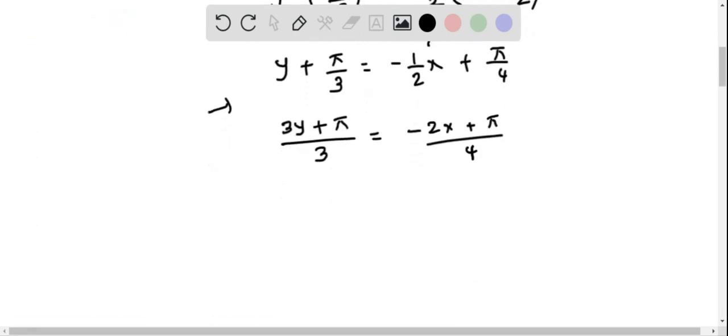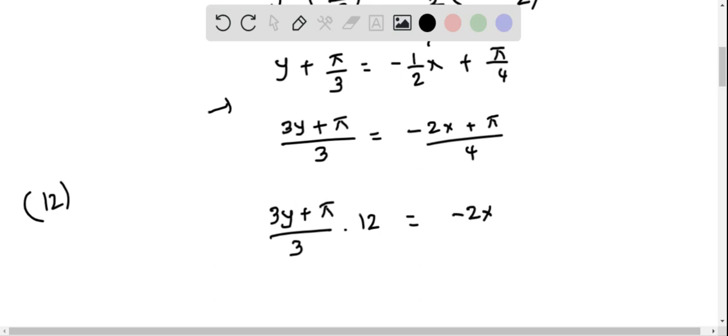We now have the common denominator, that is the multiple of the denominators in the left as well as the right side expression, which is 12. So we multiply both sides by this common denominator to remove the fraction. So when we do that, we get 3y plus pi by 3 multiplied with 12, and this equals negative 2x plus pi divided by 4 multiplied by 12.